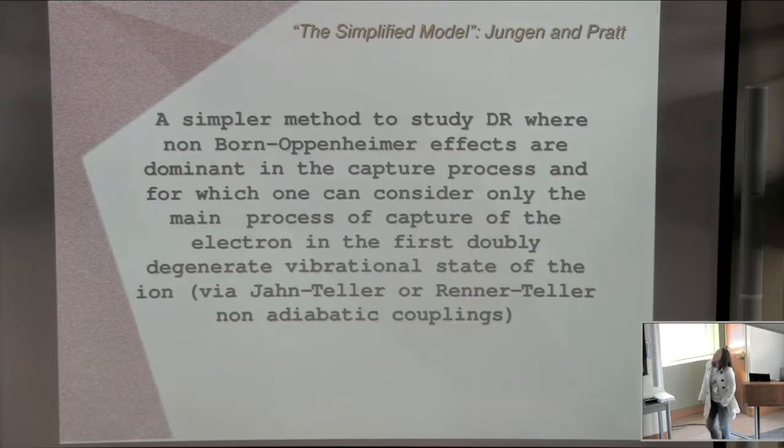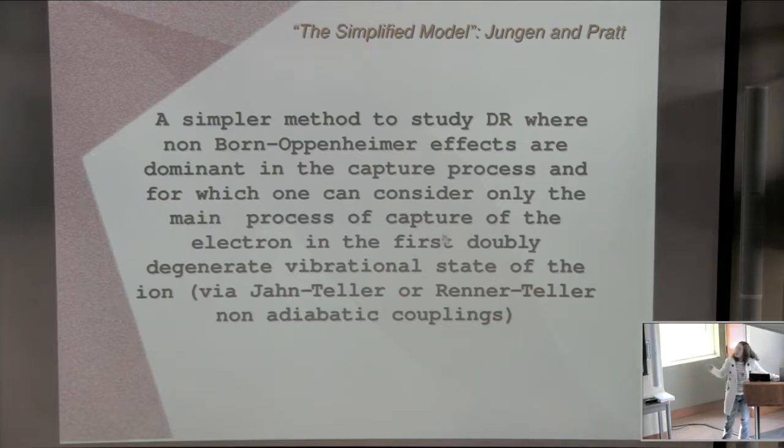As Dr. Newman already said, using these three approximations, they developed an even simpler model to describe DR that would include mainly the main non-adiabatic couplings: for diatomic molecules the Jahn-Teller effect, for linear molecules like HCO+ the Renner-Teller effect.